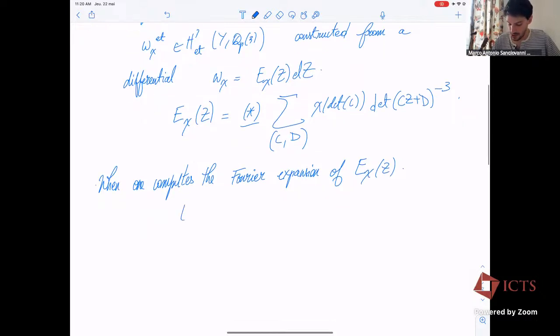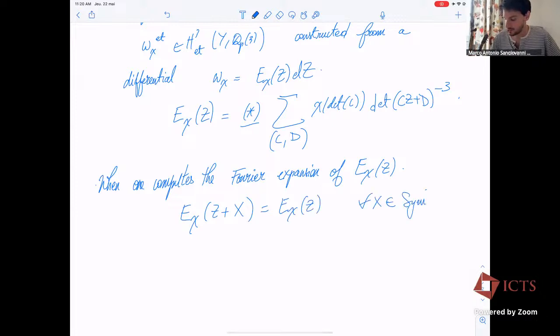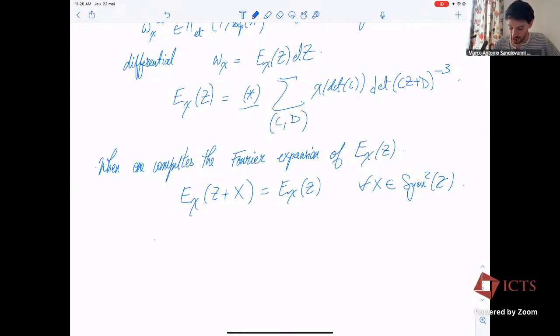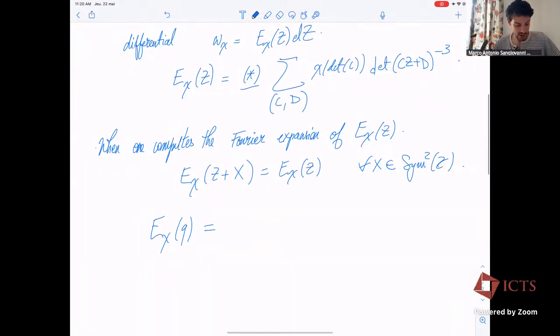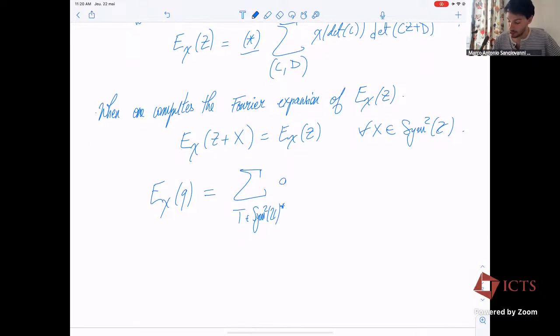this is because E chi of z plus x is E chi of z for any x that is a 2 by 2 symmetric matrix with coefficients in Z. So when you compute the Fourier expansion, which I call the Fourier expansion at the infinity cusp, E chi of q is going to be the sum over T, in Sym2 of Z, or rather the dual of this, and the coefficient a_T will be indexed by these symmetric 2 by 2 matrices, and then q to the T, so formally.